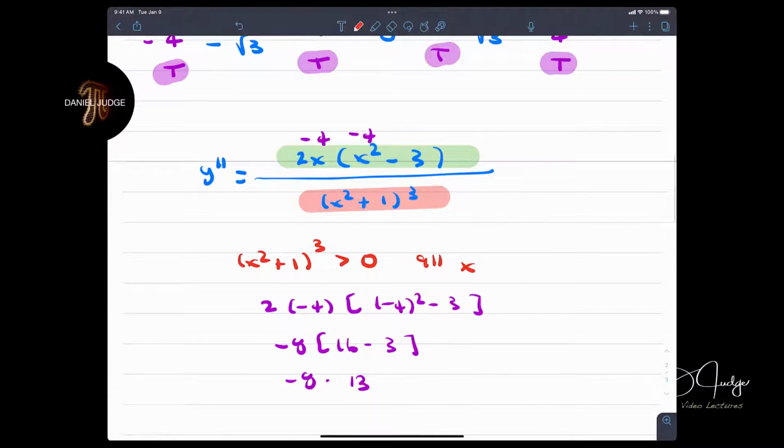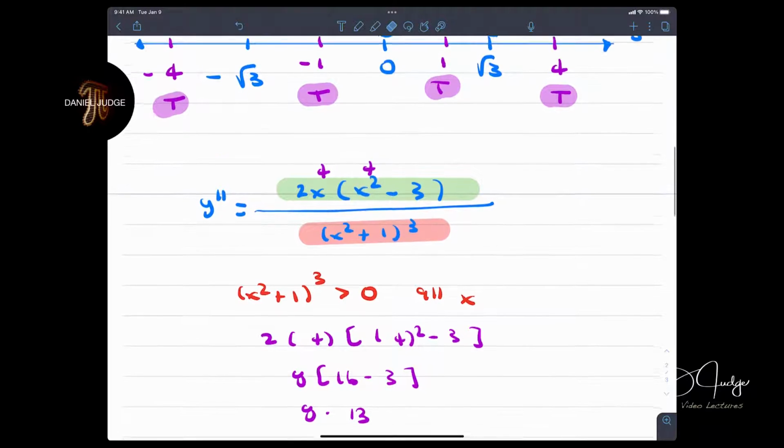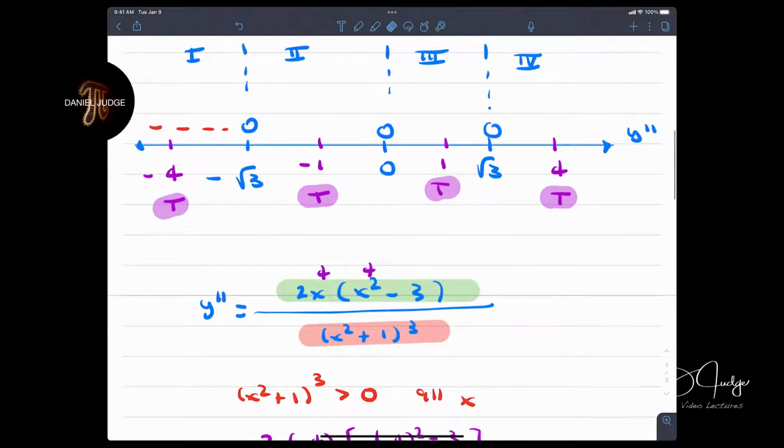Now, we could check the last region since we're using some sort of symmetry, meaning plug in a positive 4 there. This is now positive times a positive, so the last region with the test point of 4 is going to be positive. So I'm just going to do this to be a little bit quicker.